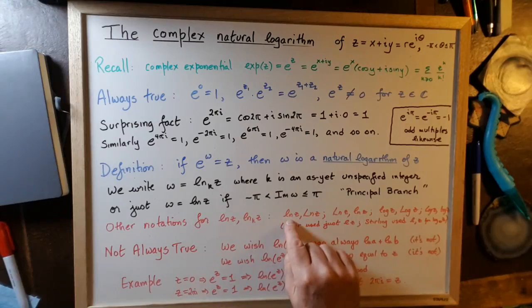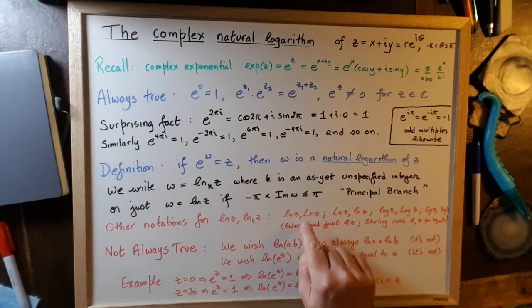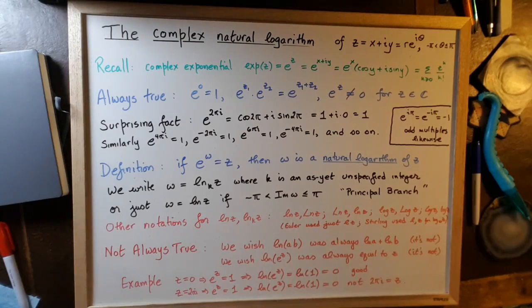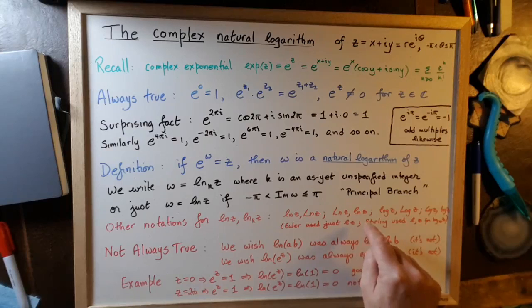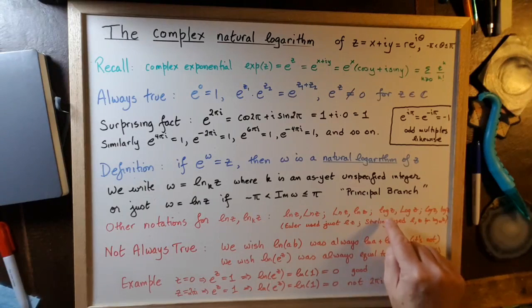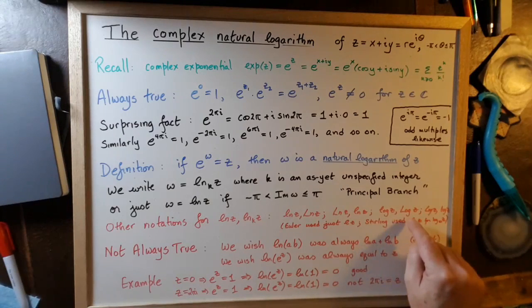Other books use ln of z and capital Ln of z to mean the principal branch and any other branch. Sometimes they flip it around, and some other books yet use capital L to mean the principal branch and ln to mean any other branch.